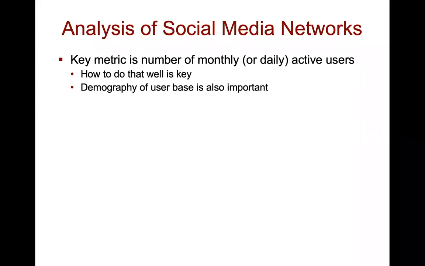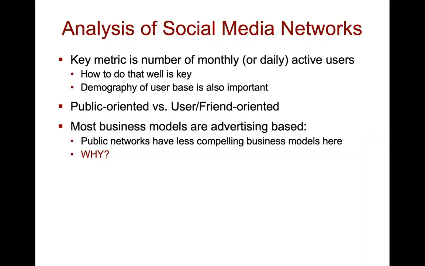You want to look also at demographics of these people, because demographics is directly related to monetization strategy. Many brands don't advertise on TikTok because TikTok users are too young, and it just doesn't make sense. These people will click, like, whatever, they will never convert, and that's why demographics is very important. You also want to see whether a social network is more public oriented, like Twitter, or more user or friend oriented, like Facebook.